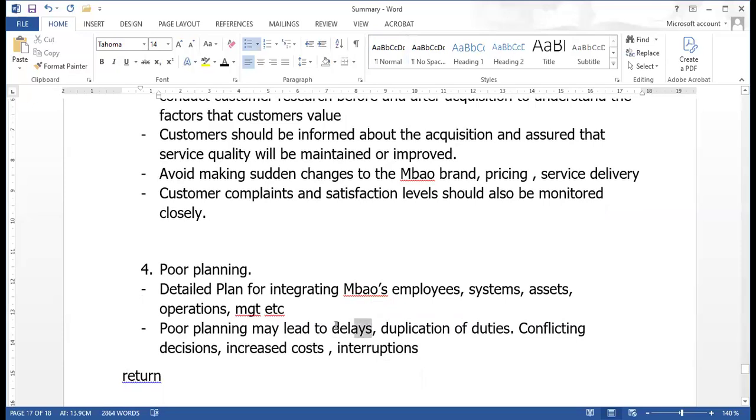Where there are delays, you're not serving customers well. There is reduced revenue. Duplication of duties means there is no efficiency, there is redundancy. You're incurring costs for nothing, which you would have reduced, and becomes a benefit to the entity. Conflicting decisions, as we said.